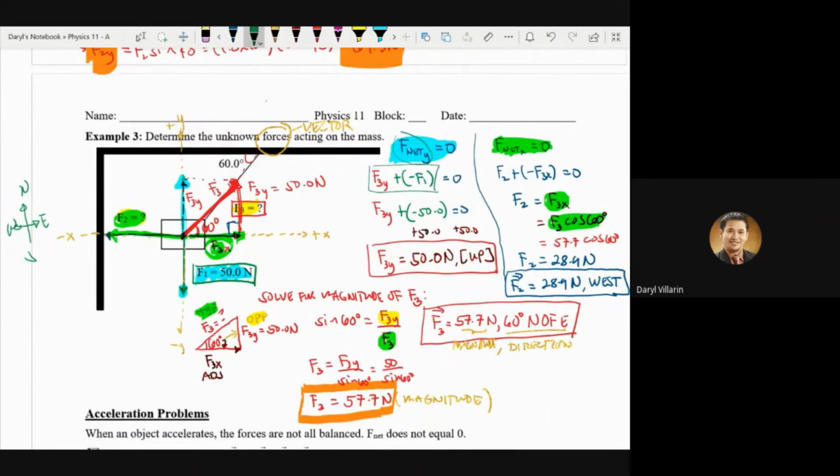And actually, you can see that if you have drawn your free body diagram. If you can see here, these are my y components. Again, it's not always that you only have two. It could be three. It could be more than that.